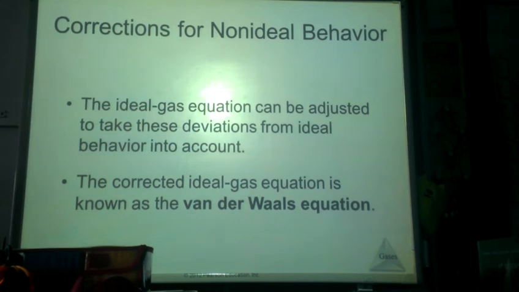Two more slides and we are done. So there is a correction for the non-ideal behavior. We call this the van der Waals equation. The van der Waals equation is not anything that's given to you. I think they just want you to know about it very generally. So we can correct for any type of high pressure or low temperature with the van der Waals equation.